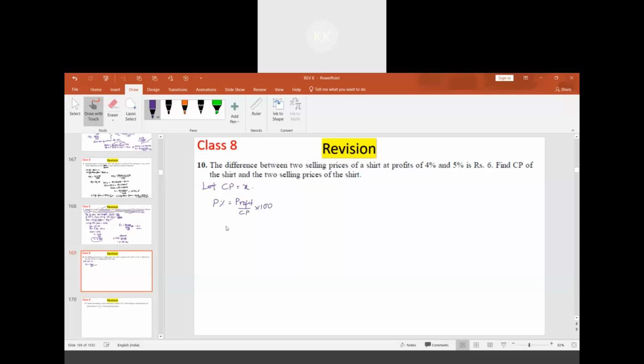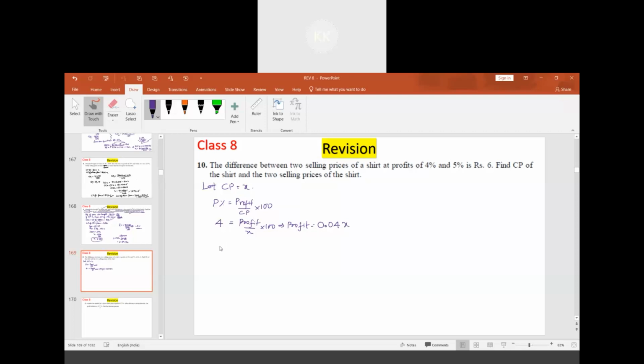This formula we can use to find the profit. So 4% is equal to profit divided by X into 100. From this we can find the profit as 4 divided by 100 x. 4 divided by 100 is 0.04, so 0.04x. This is the profit on one shirt.